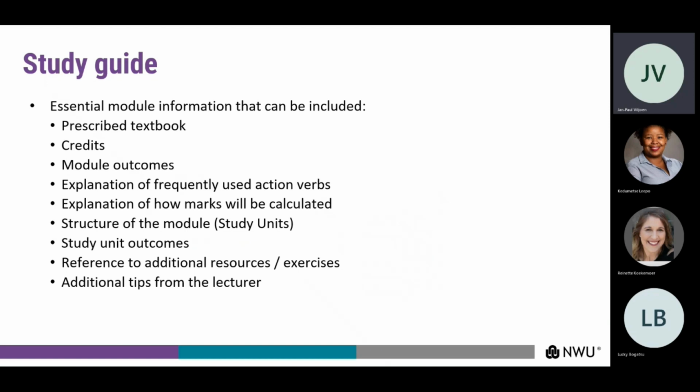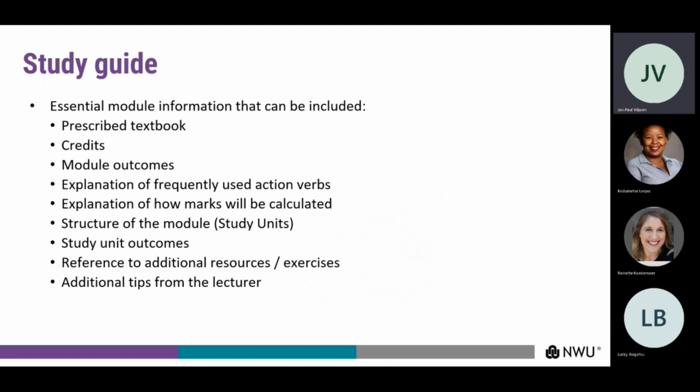An explanation of the action verbs, and an explanation of how marks will be calculated. This is often in the form of a rubric that you can use to check that your work is in line with what the lecturer has in mind. How the module will be presented in terms of study units and study sections, and when assignments and projects will need to be submitted.